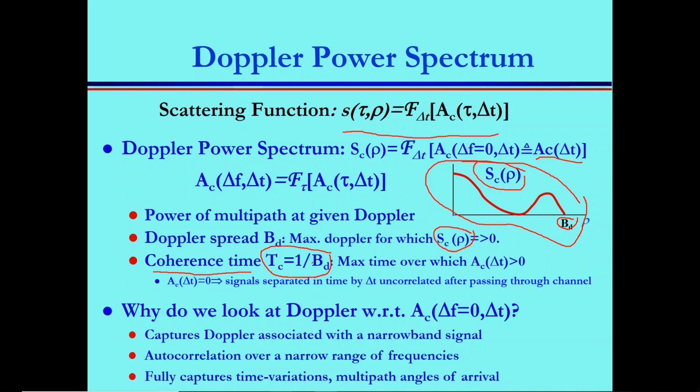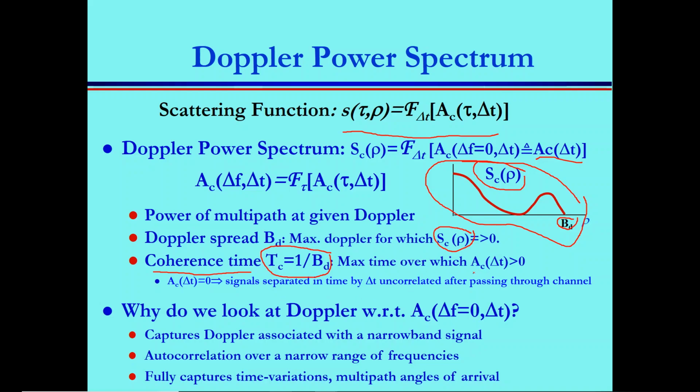If I give you Doppler spread, you can find coherence time. If I give you delay spread, you can find coherence bandwidth. What's coherence bandwidth? The range of frequency over which your channel looks correlated. What's coherence time? The range of time instances or duration over which your channel looks similar, looks correlated.